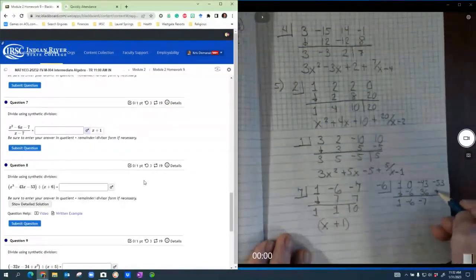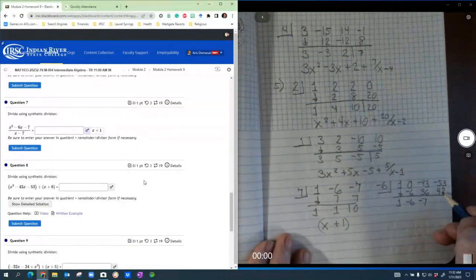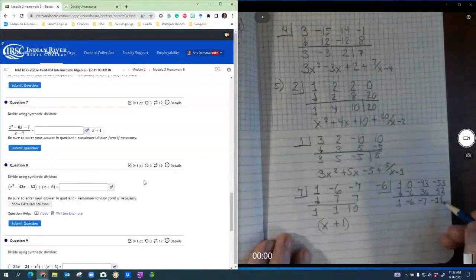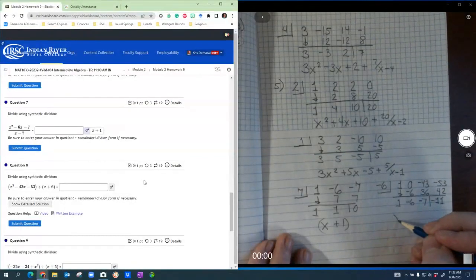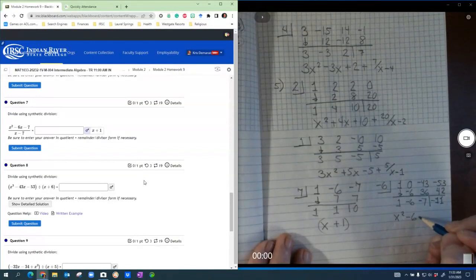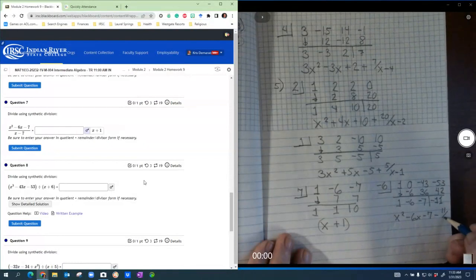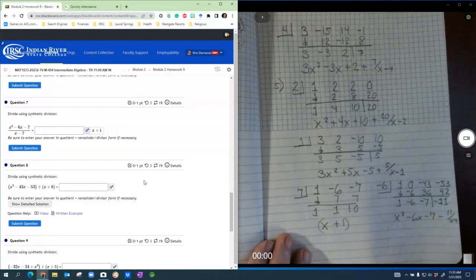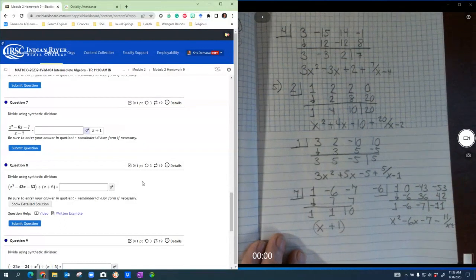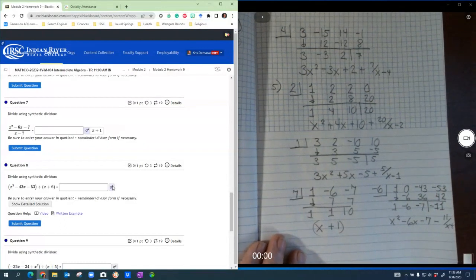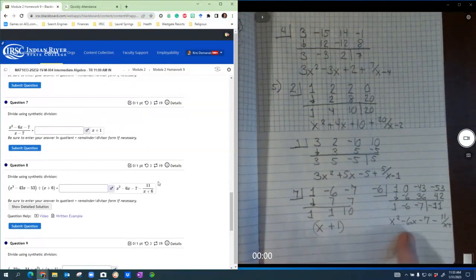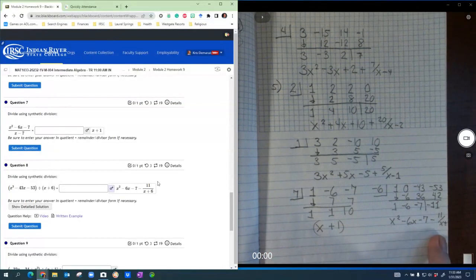Now when we multiply, that's positive 42. And when we add that together, we're going to get negative 11. So then we have our answer of x to the second, because we started with x to the third, minus 6x minus 7 minus 11 over x plus 6. Fell off the page there, sorry guys. Alright, so here we have our answer, and it looks like we got the right answer.